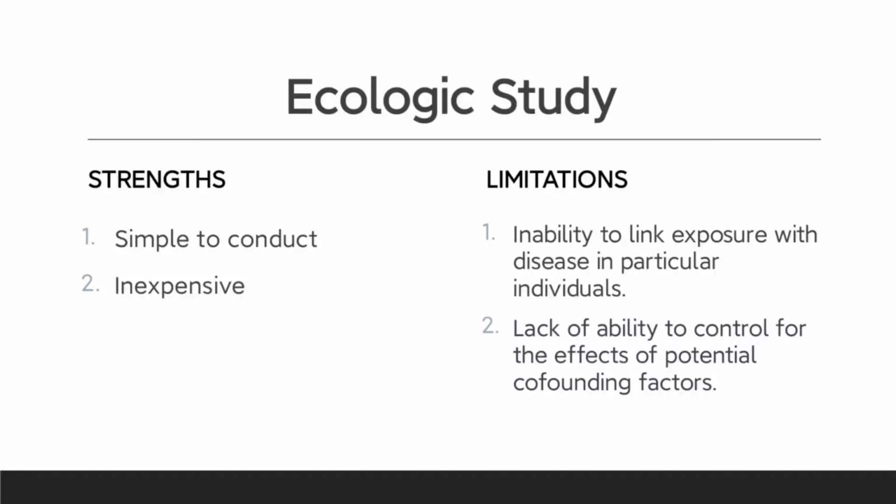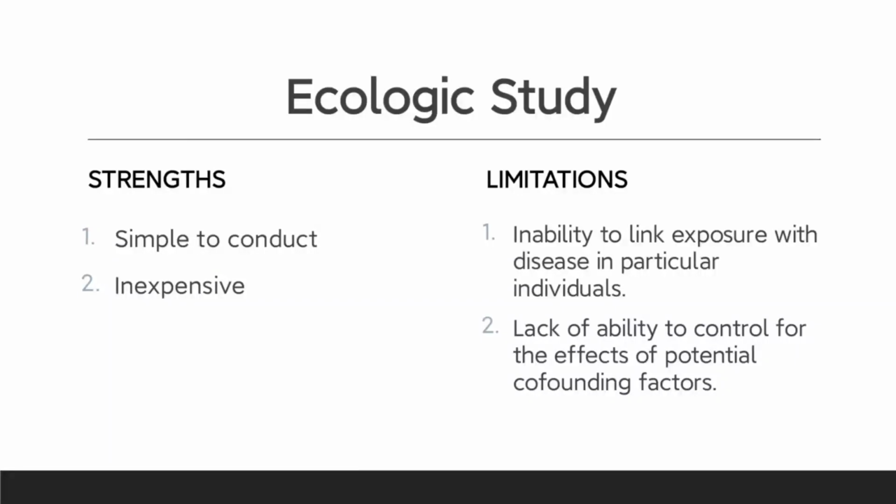However, the main limitation of ecologic studies is that they are unable to link exposure with disease in particular individuals. So, it is hard to make other links of exposure to other individuals. Another one is, since the unit of analysis is the group, the effect at the individual level cannot be illustrated.